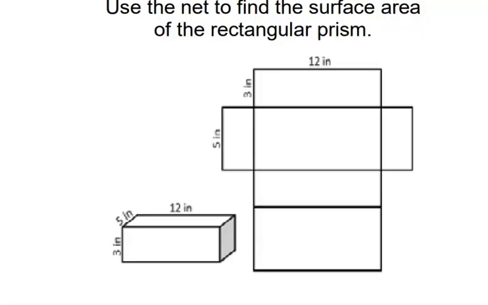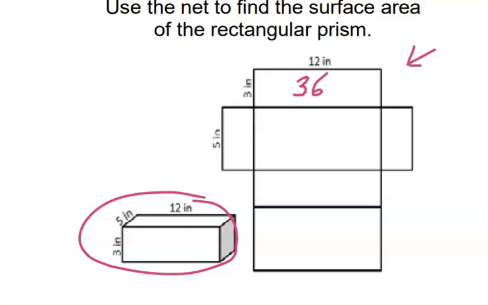Use the net to find the surface area of the rectangular prism. Okay, so they took this and they flattened it out. So we should just find the area of each one of these rectangles and add them all together. The first one, it looks like the sides here are 12 times 3, which is 36. So that would be 36, and that would be 36.